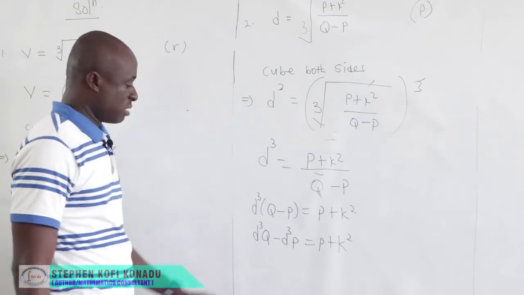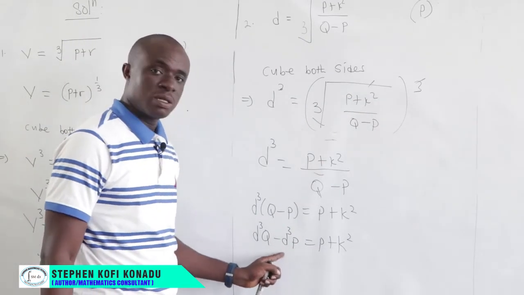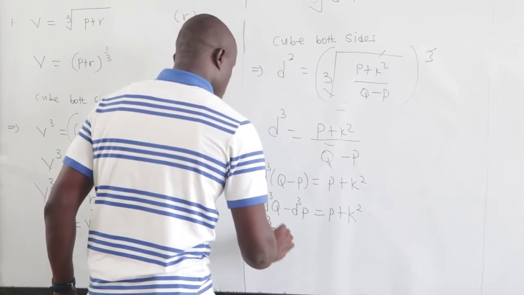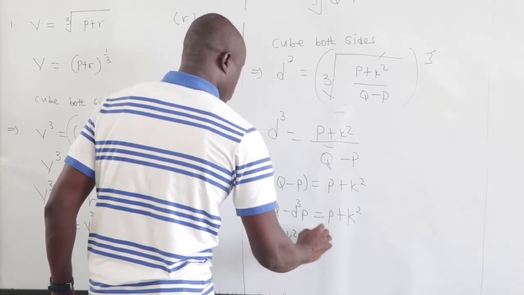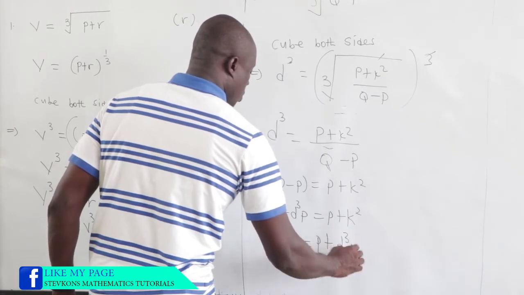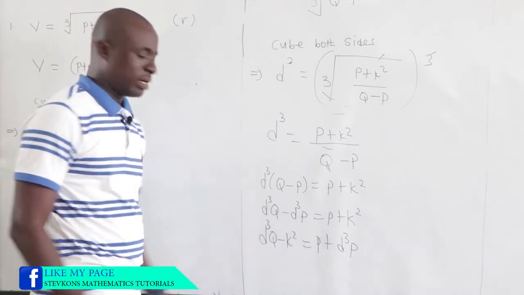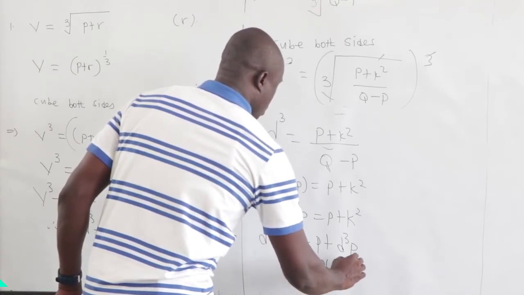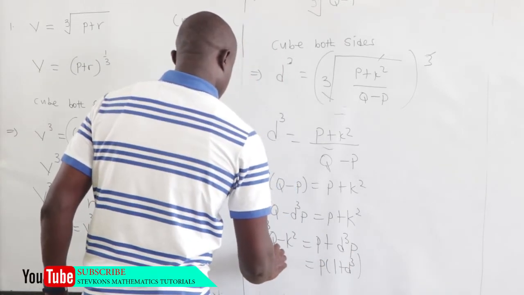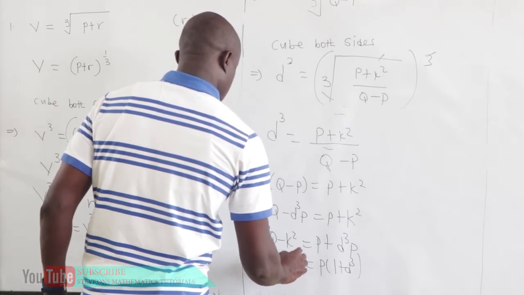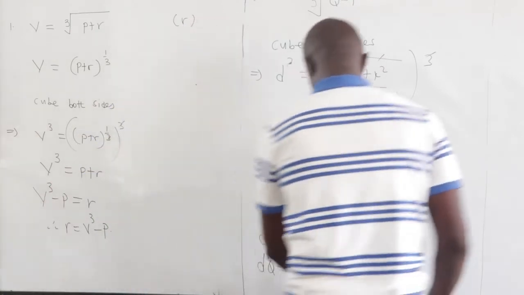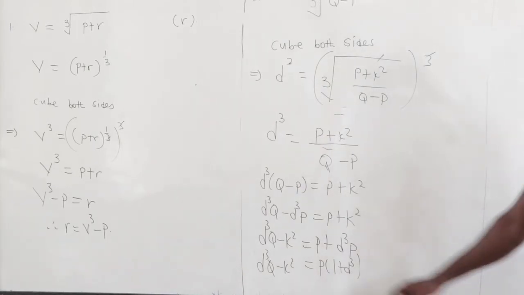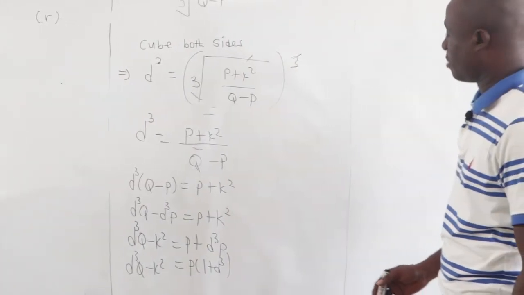Now I want to make p the subject. There's p there, so let's take this to the right-hand side. So you have d cubed q minus k squared equal to p plus d cubed p. We can factorize p out. When we factor p out, you have 1 plus d cubed. You have d cubed q minus k squared. We want to make p the subject, so we divide through by what is multiplying the p.